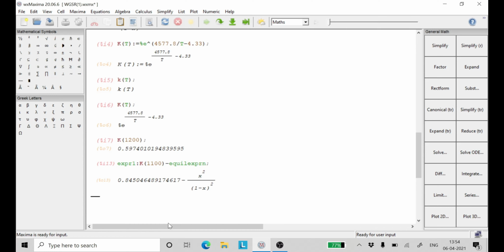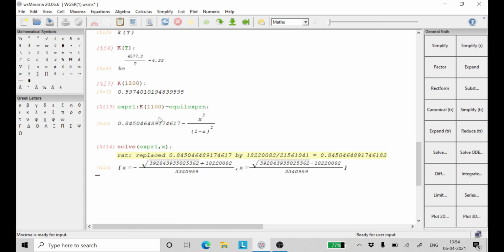Now we have to solve this expression. So we write solve, and there we go. It's solved. It gave me an analytical solution for the expression.